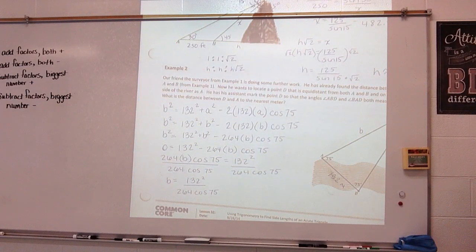Alright, so let's figure that out. I'm going to square 132 first, then divide that by 264 times the cosine of 75.